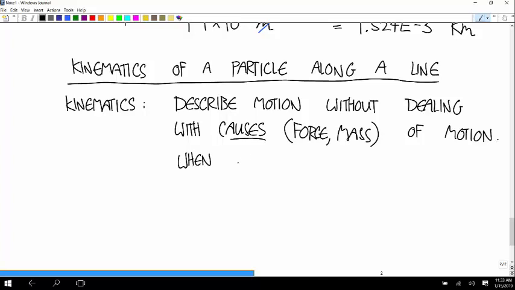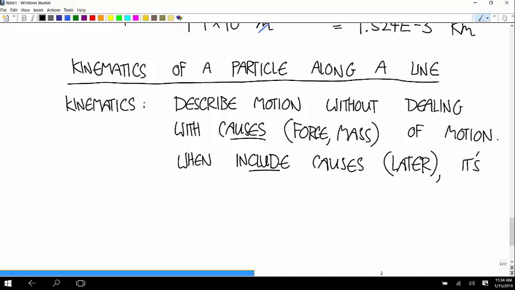And when we include the causes, and that's going to be later on, it's called kinetics. And that's sort of a pain in the butt because those are unnecessarily similar words. But the simpler thing is the longer word.